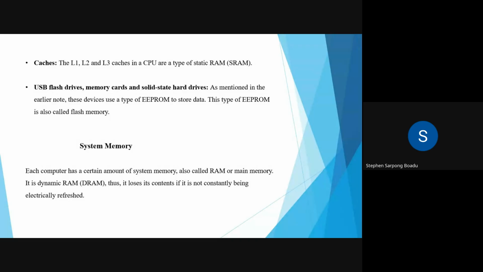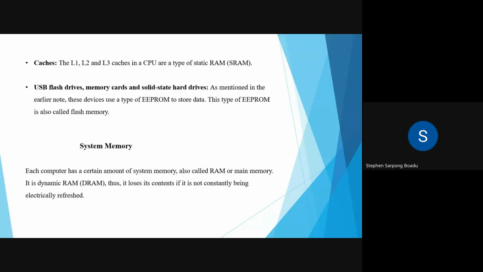So we come back to the RAM again, right? We spoke about the system memory, but it's here again. We say that this computer has a certain amount of system memory, also called RAM or main memory. It is dynamic RAM. It loses contents if it's not constantly being electrically refreshed. So when you say electrically refreshed, that means once your PC goes off and there is data on your RAM, you will lose it.